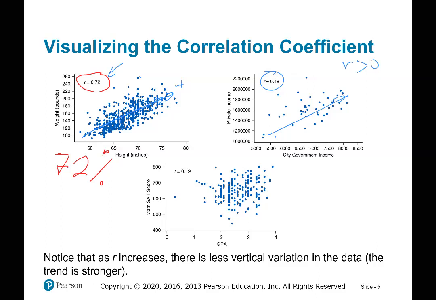It's because it doesn't have a strong relationship. Similarly for the third one, the data is spread almost everywhere. Even though there is a little bit of an upward trend, and I know R has to be greater than 0, it's spread out almost everywhere, so it's going to be close to 0. That's the reason why you have R equal to 0.19 in this case.